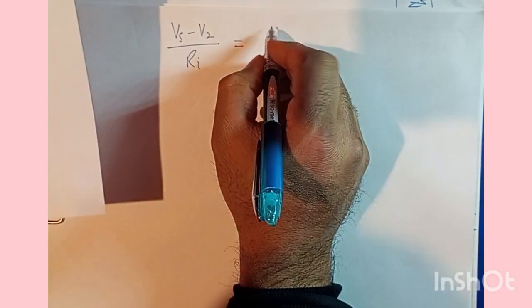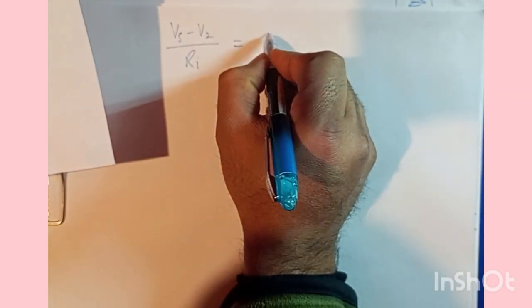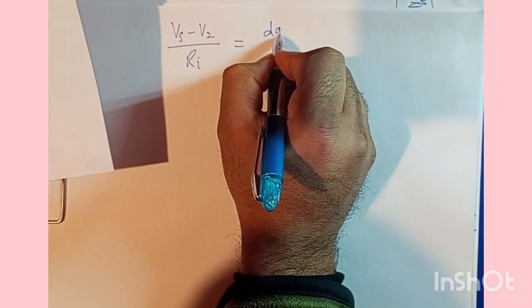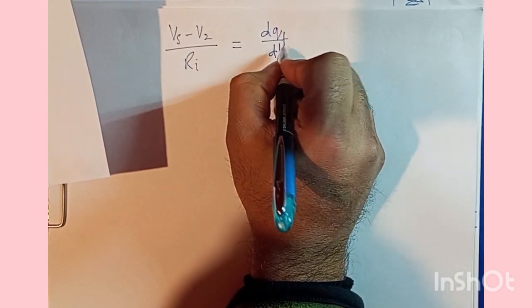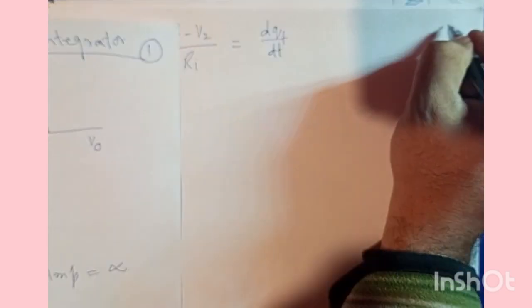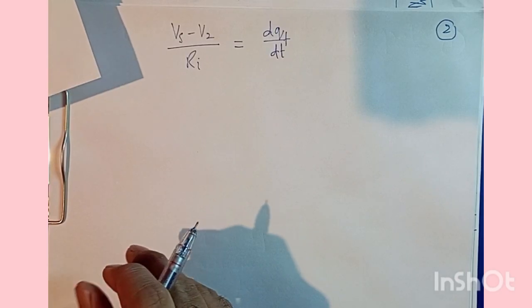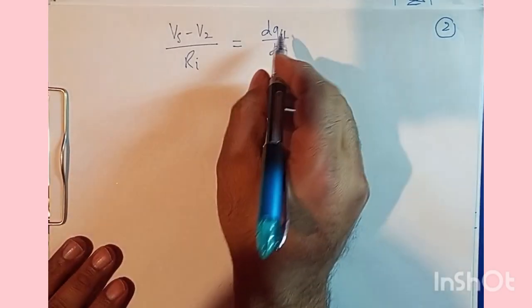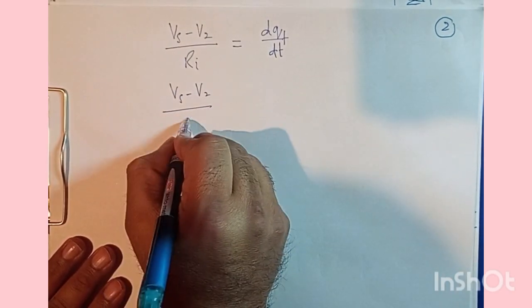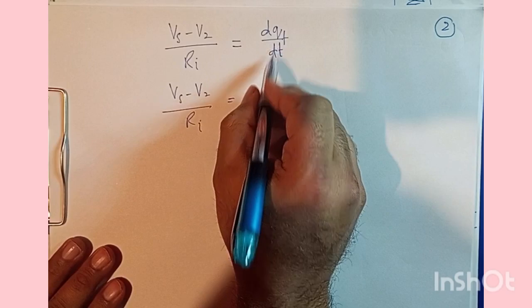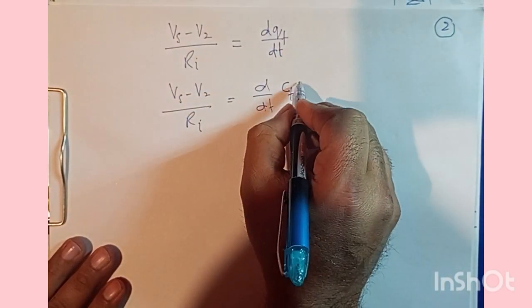IF is the current that we are subjecting to the capacitor, and I can write it mathematically as dQ upon dt. I think it should be clear up to this point; there should be no doubt. Now we can proceed on this Q. This is Vs minus V2 upon Ri, equal to d upon dt of Q, which is Cf times V.